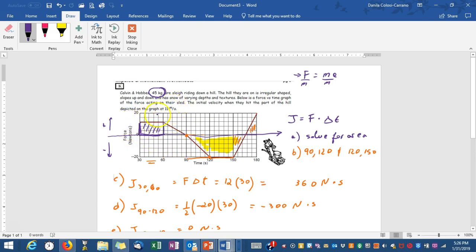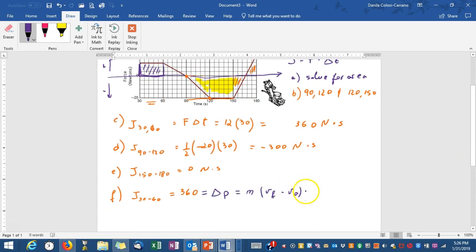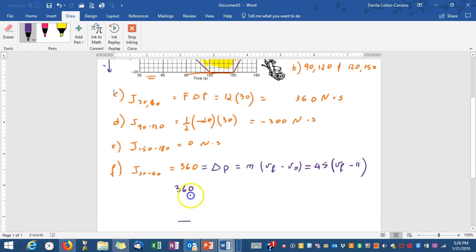So initial velocity seems to be 11 meters per second. So from here, we know that the mass is 45. Final velocity is the one that they are asking for, minus the initial velocity, which is the one that they are starting with. So at this point, we can just say that we have 360 divided by 45 plus 11. This is going to be your final velocity, which is 19 meters per second.